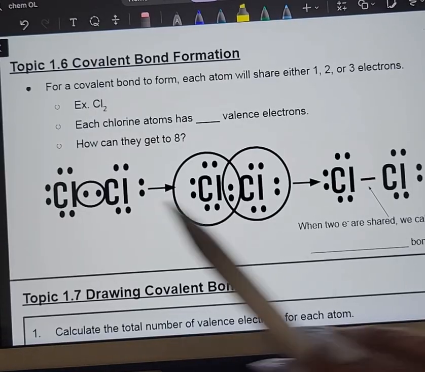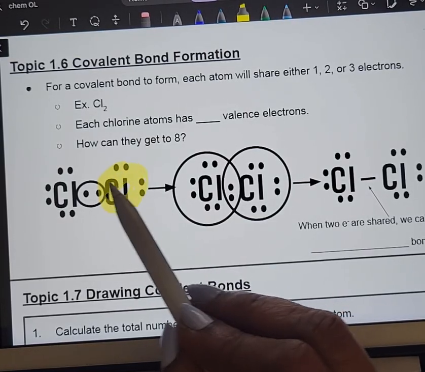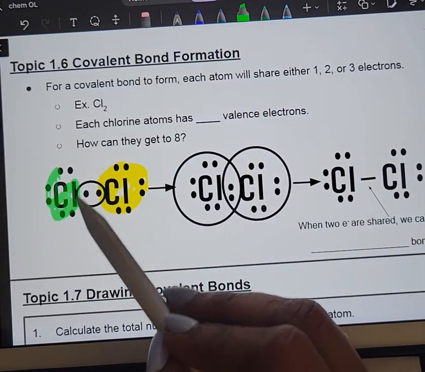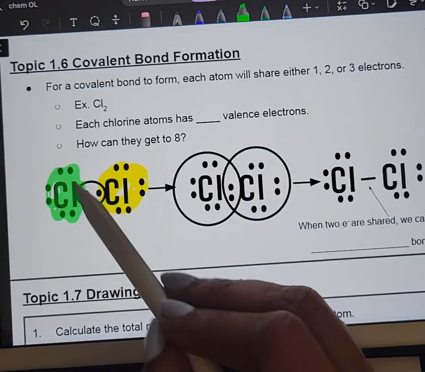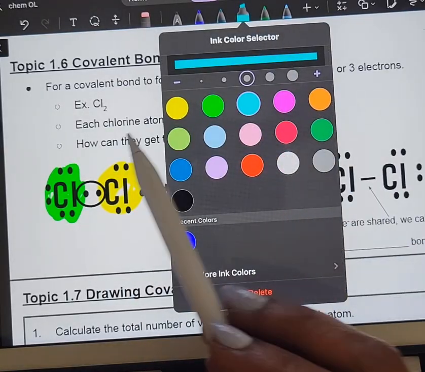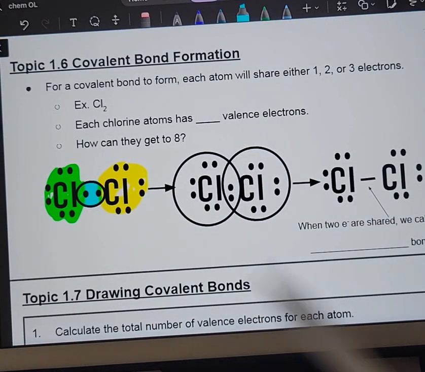So here we can see this chlorine has 7 electrons. This chlorine also has 7 electrons. So they both need one more. If they need one more, they will share one pair. So they are sharing one pair of electrons, which will result in what bond?